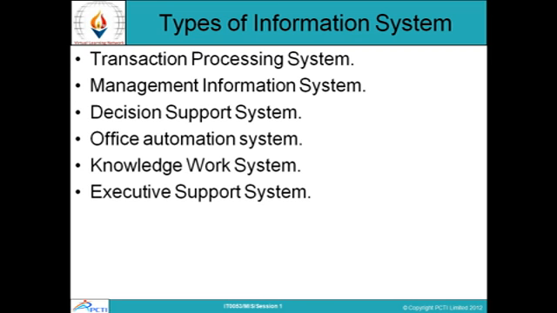Another kind of information system is the office automation system, which involves the normal processing of the organization being carried out in an automated manner. Like instead of relying on the postal department, we can rely on the email system.